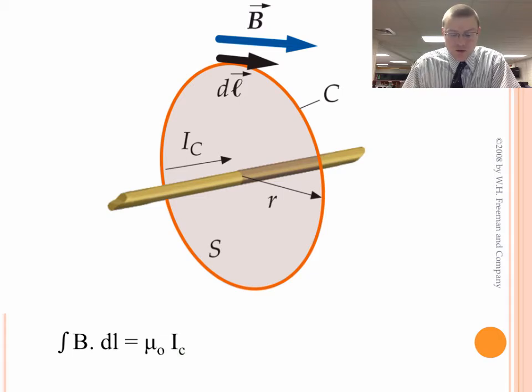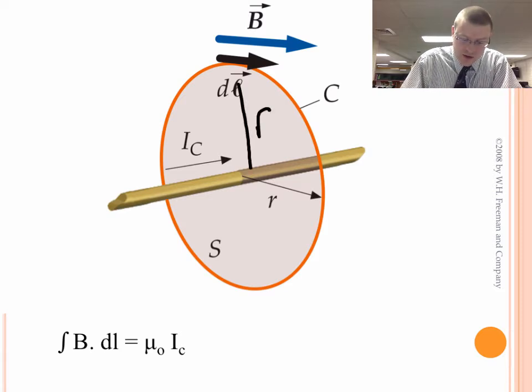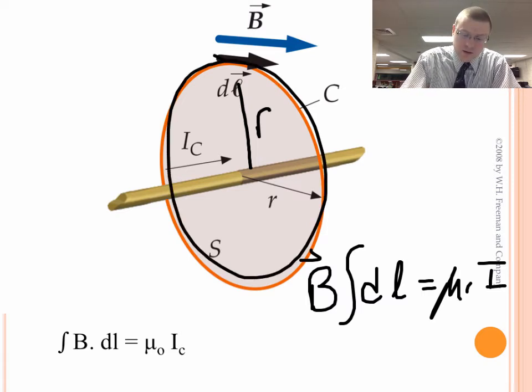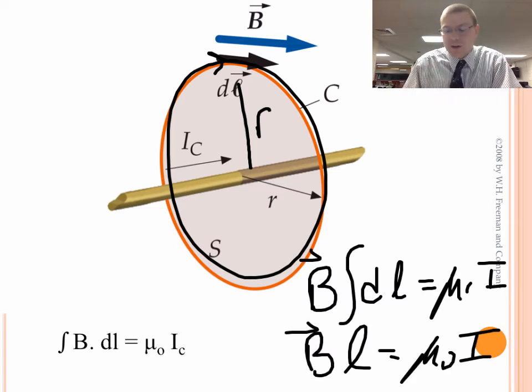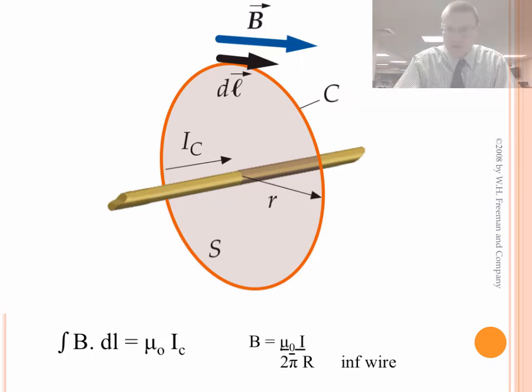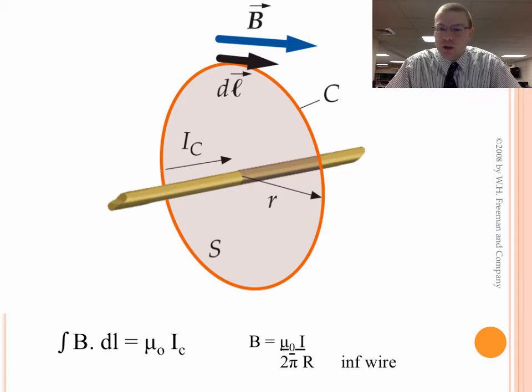The magnetic field at this distance r is going to be constant, so I can pull out the magnetic field and I just have to integrate dl equals mu zero I. Well, dl would go from no length to the entire length around the Amperian loop, and since the length around a loop is the circumference, you'd have B times 2 pi r equals mu zero I. Solving for the magnetic field, you get mu zero I over 2 pi r, which is exactly what we got with the Biot-Savart law, except now we can just use our Amperian loops.